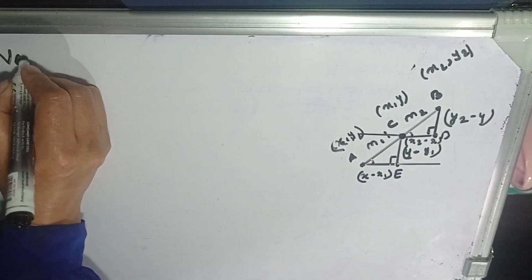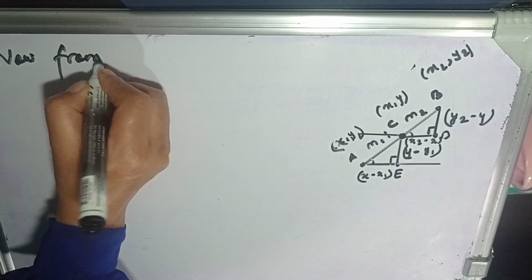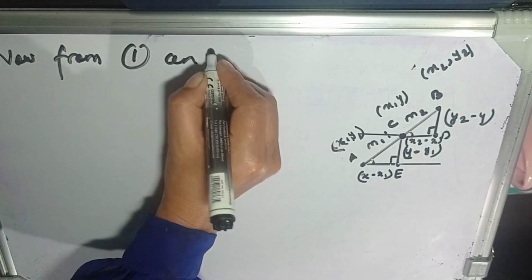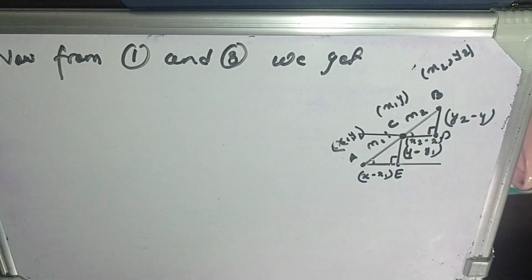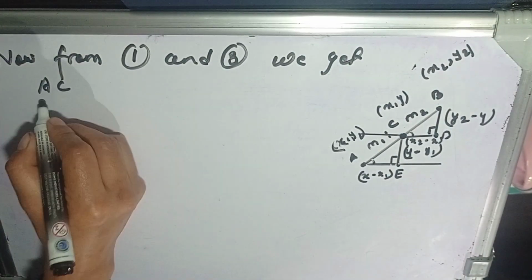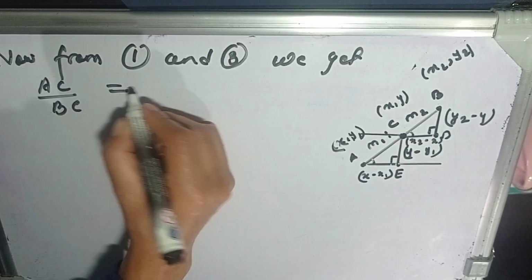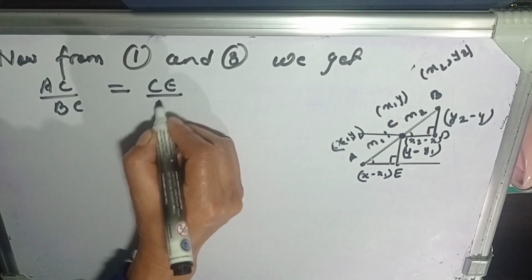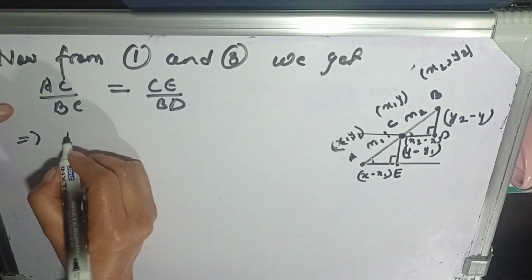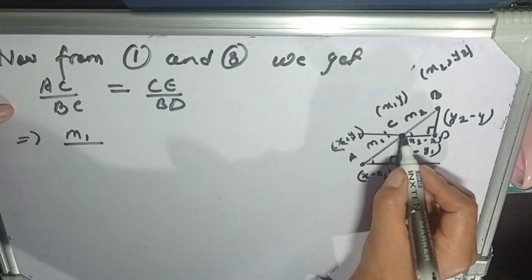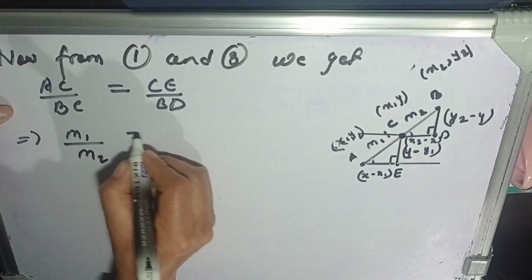Now from 1 and 3 we get AC divided by BC equals EC divided by BD. So AC we have m1, divided by BC we have m2.